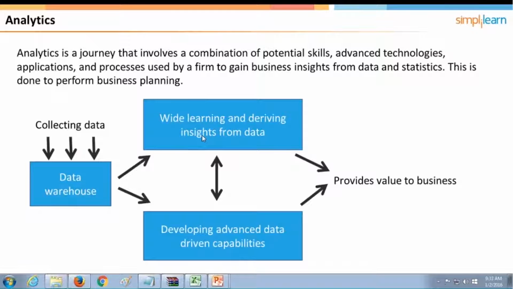That is the main purpose of a data scientist, and I can now call every one of you a data scientist, because you have entered this domain where you're going to play with data and get many insights. Developing advanced data-driven capabilities requires certain things along with the stats part, because business knowledge is also essential for analysis.